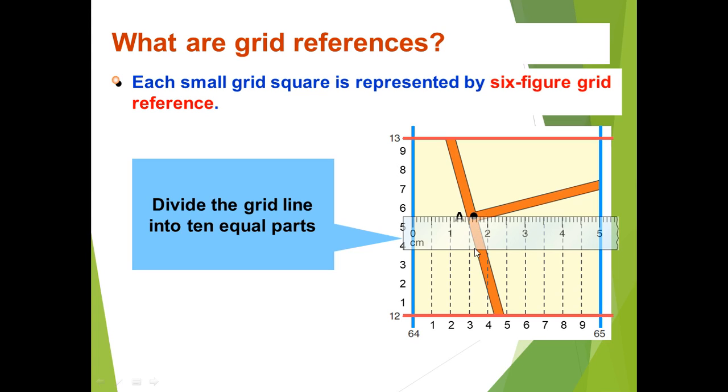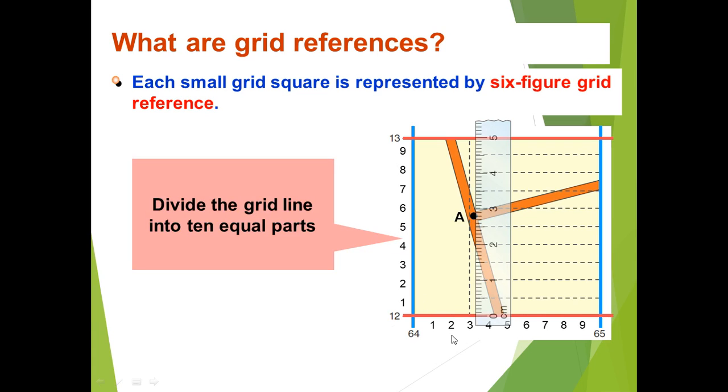That means it should be located between the third section and the fourth section. It has passed the third section but hasn't reached the fourth section yet. So it belongs to the third section. And then we can conclude the first three figures will be 643.